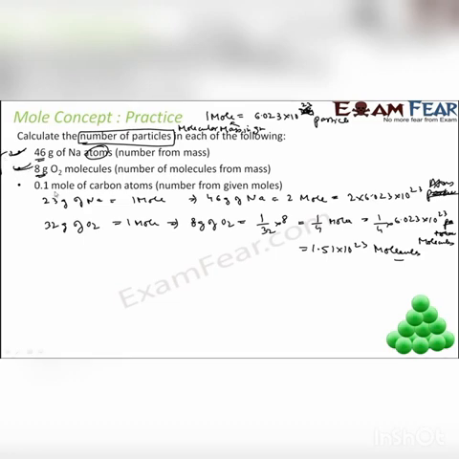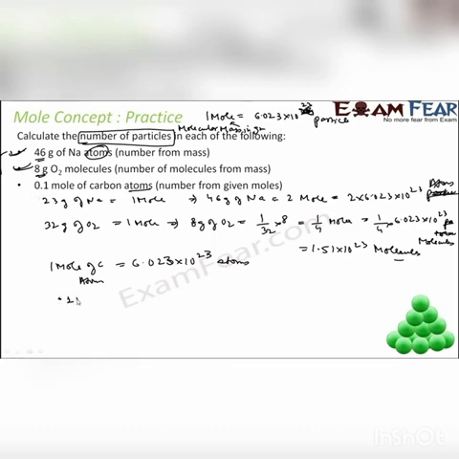Done. Third is pretty simple, 0.1 mole of carbon atoms. So we know that 1 mole of anything is nothing but 6.023 into 10 to the power 23 particles. Here we talk about atoms. So 1 mole of carbon atoms will be this many atoms.